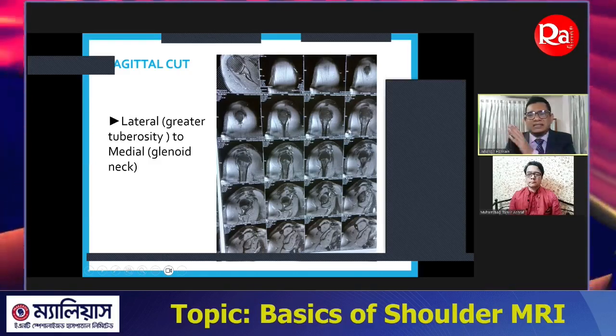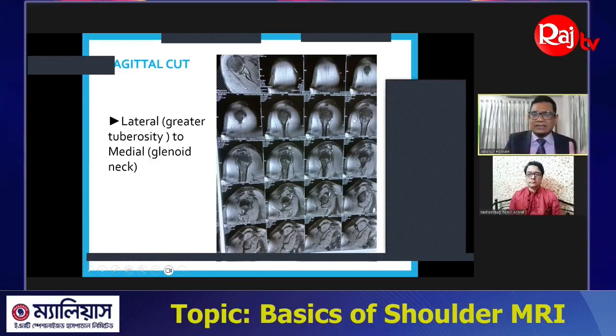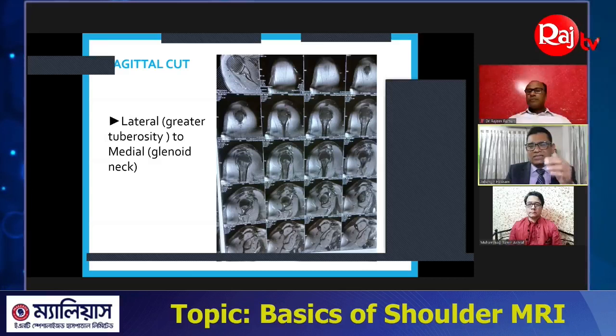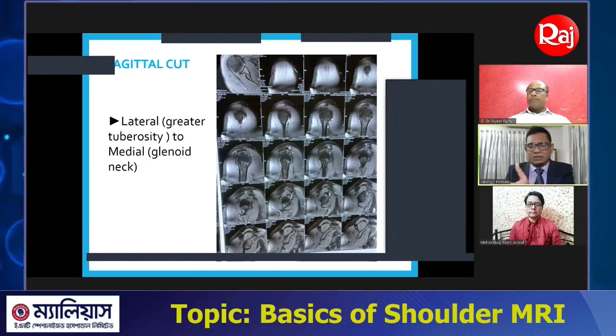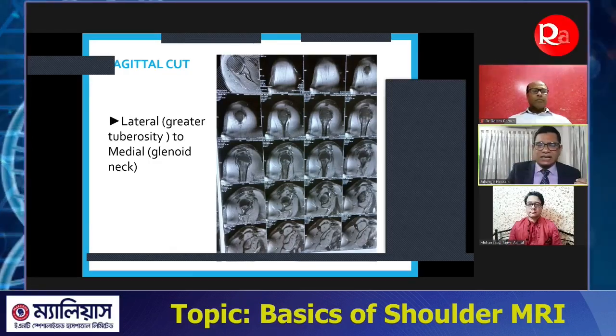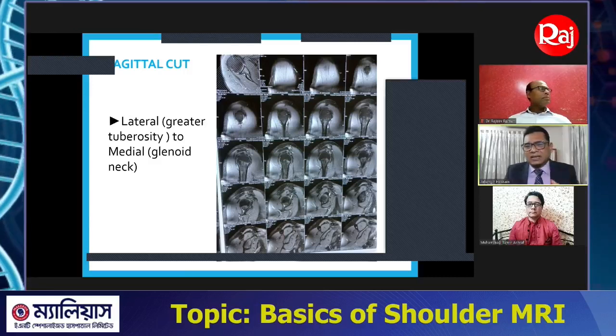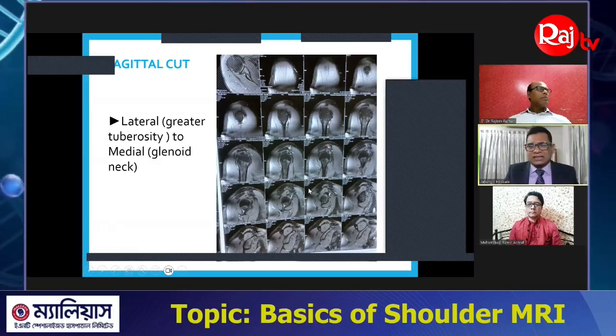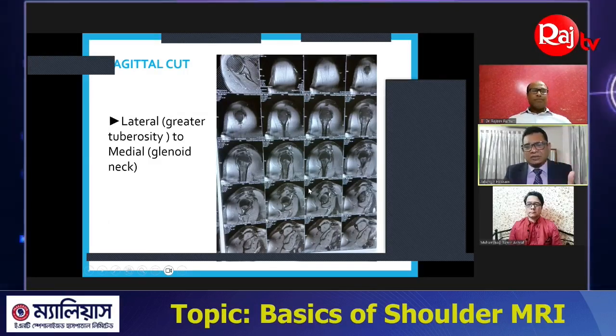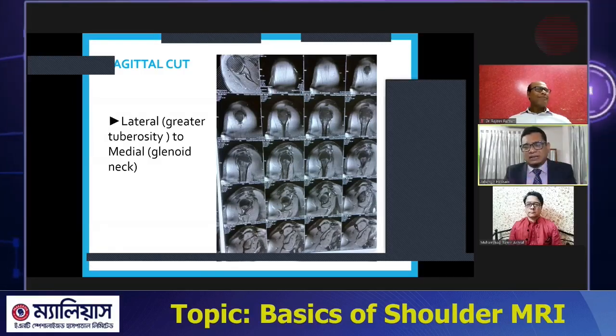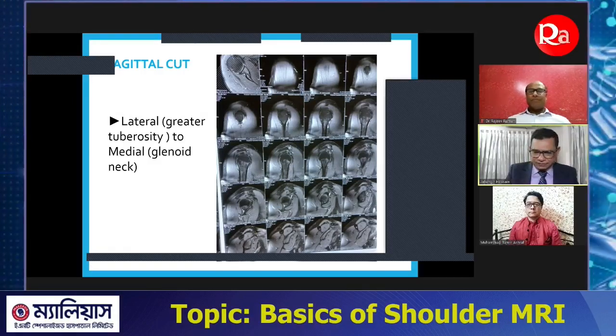That means it starts from lateral and ends at the scapular neck. So all the structures in between the greater tuberosity and the scapular neck, you can see on the MRI film, all the structures as normal, as the anatomical variant, as well as the pathological one.